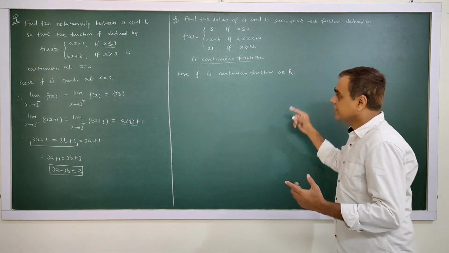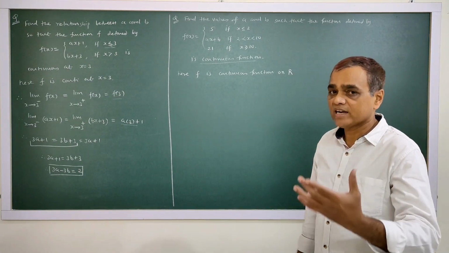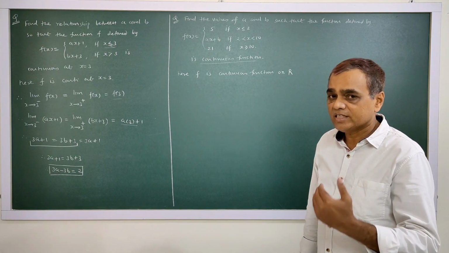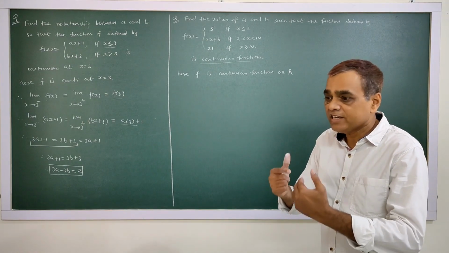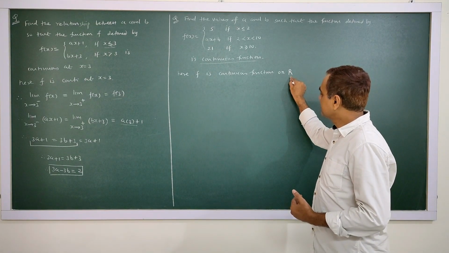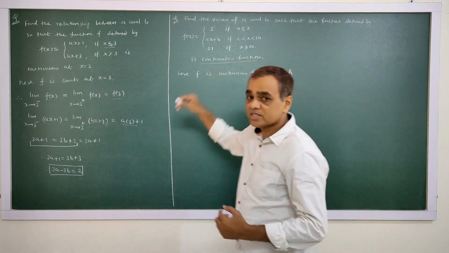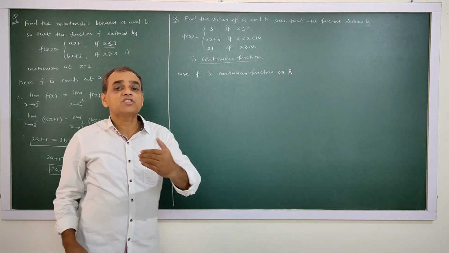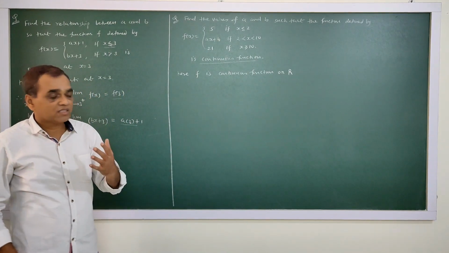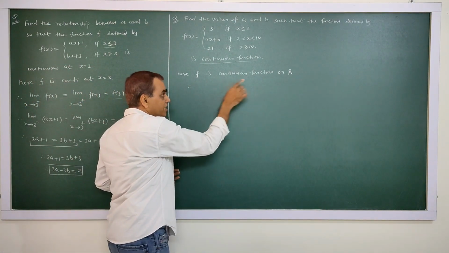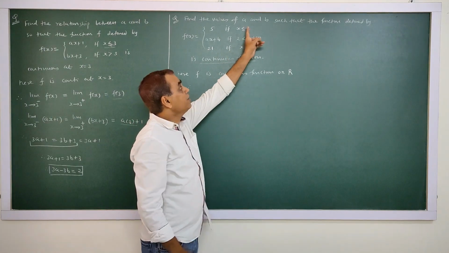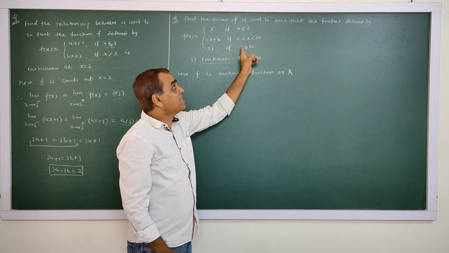Because the function is continuous on its domain, it is continuous everywhere, at every number in this domain. And we use the numbers at which the function is changing its formula. So because it is continuous on R, it will be continuous at 2 as well as at 10.